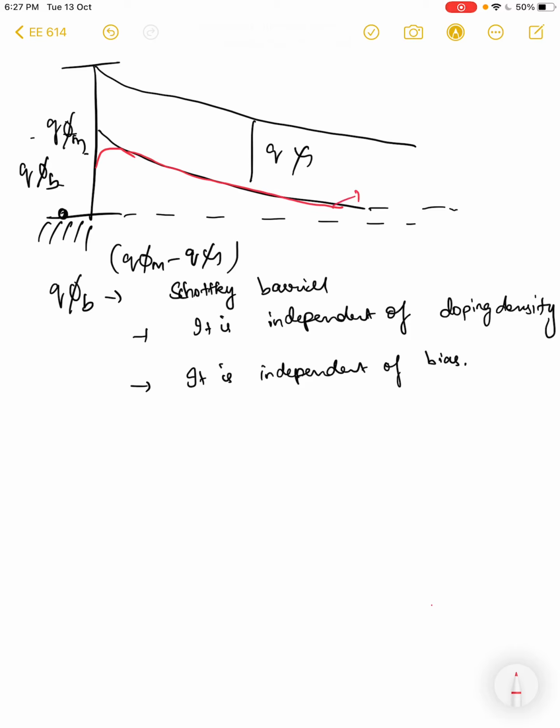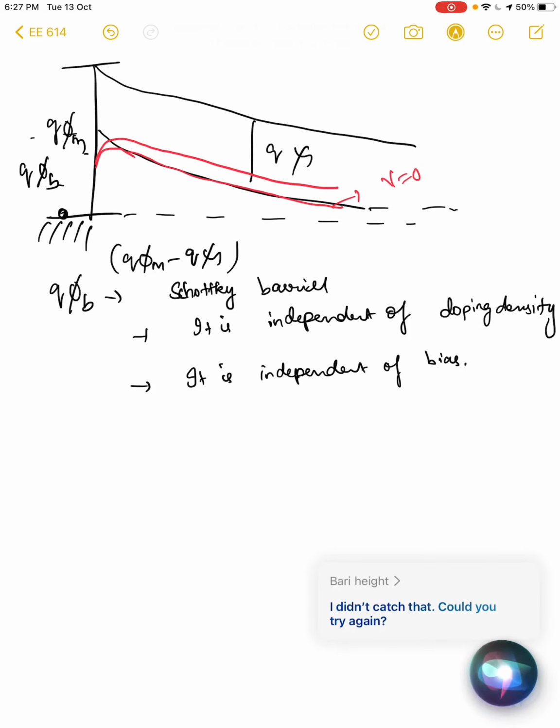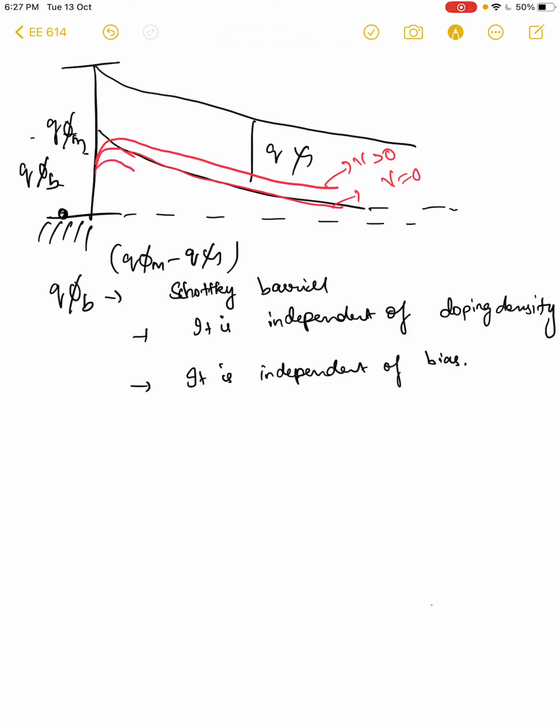So this is at V equal to 0, and at positive biases you actually have an increase. This is at V lesser than 0. All these things are due to image force lowering.